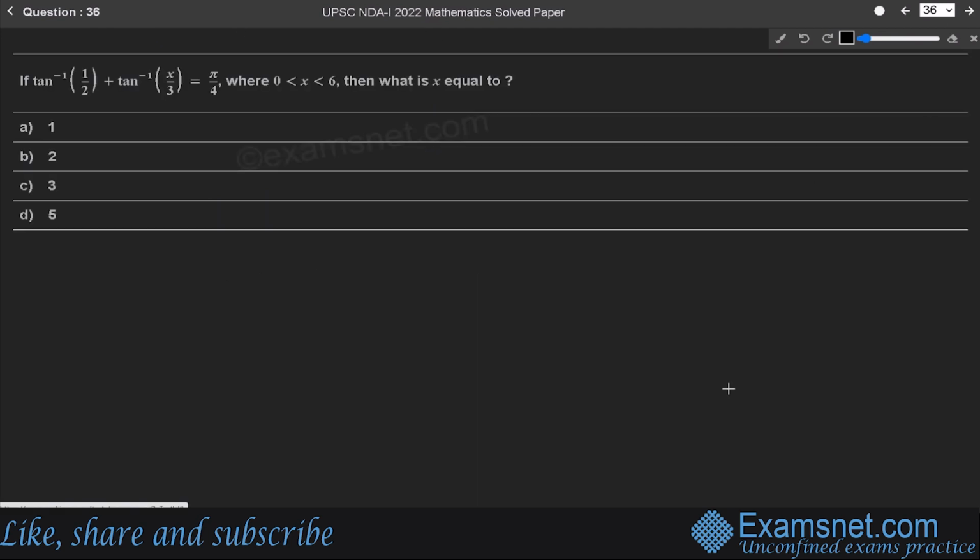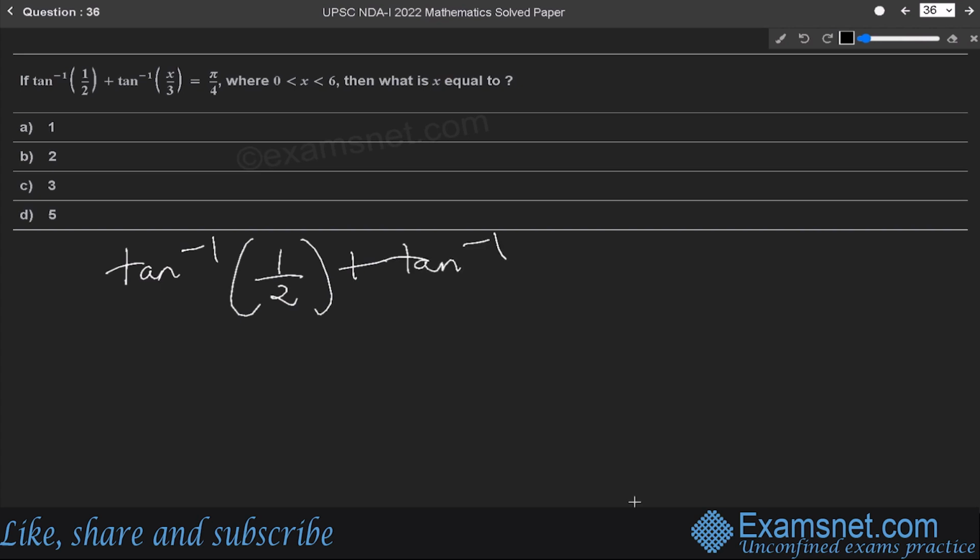Next question is, if tan inverse 1 by 2 plus tan inverse x by 3 is equal to pi by 4, where x lies between 0 and 6, then what is x equal to? The question is given: tan inverse 1 by 2 plus tan inverse x by 3 is equal to pi by 4.